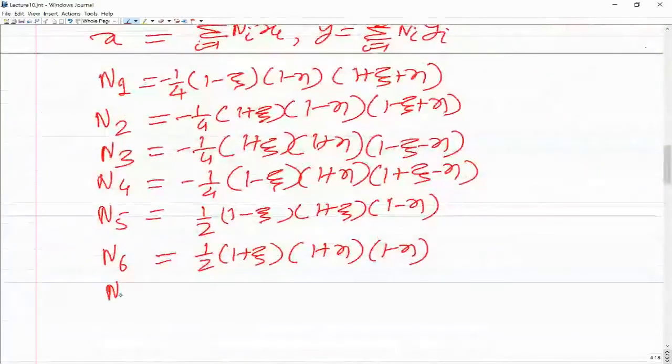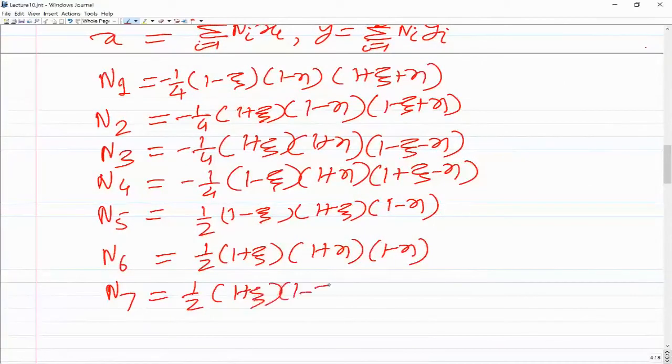And then n7 would be half, and n7 is basically again 1 plus xi, 1 minus xi, and 1 plus eta.